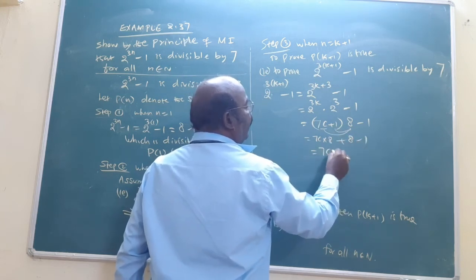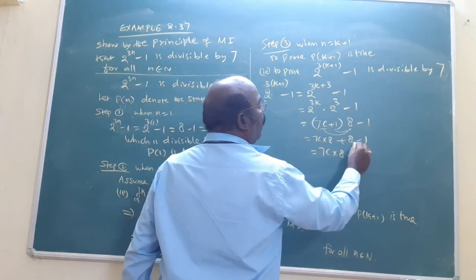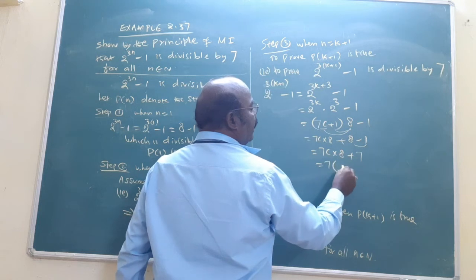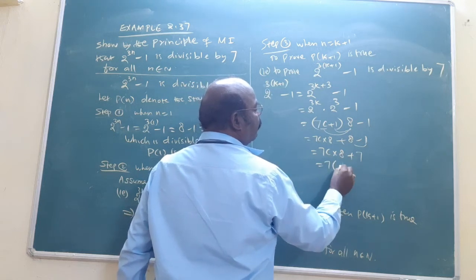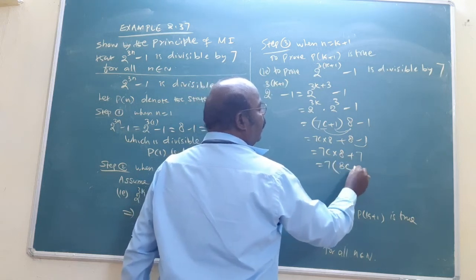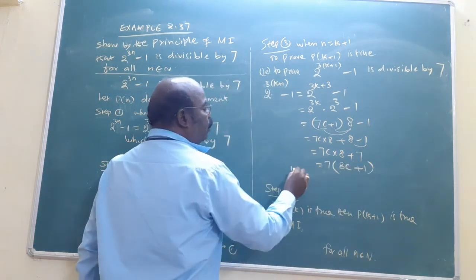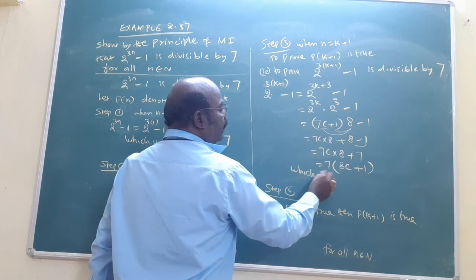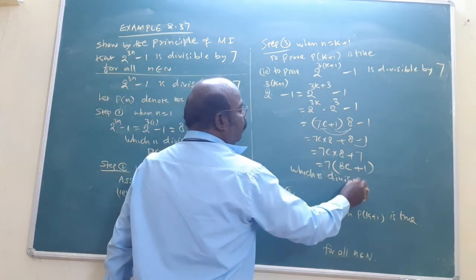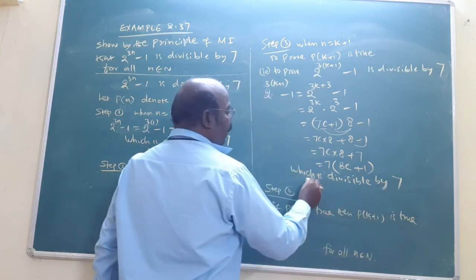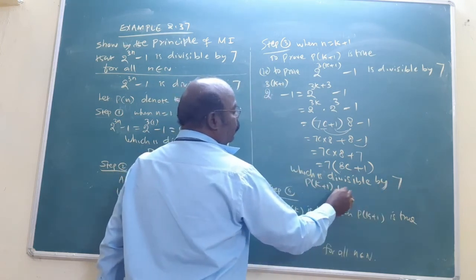Again 7c into 8, 8 minus 1 is 7. 7 is common. The remainder, c into 8, that is 8c plus 1. Multiple of 7, which is divisible by 7. That's why P of k plus 1 is true.